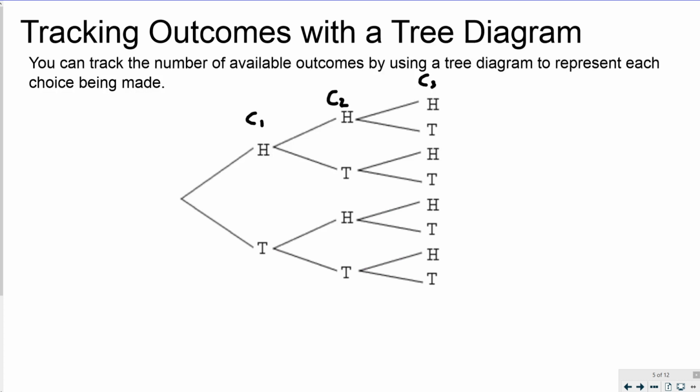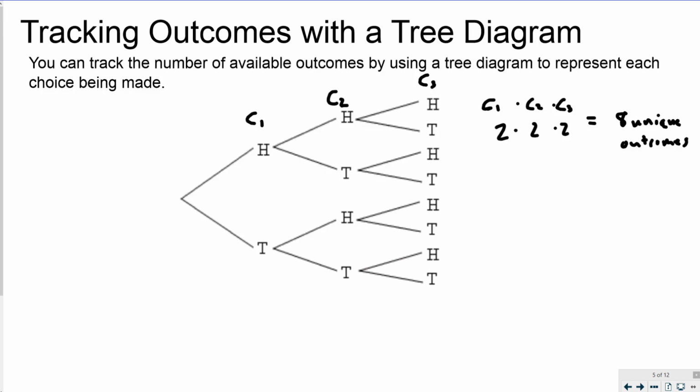There are 2 ways for coin flip 1 to occur, times 2 ways for coin flip 2 to occur, times 2 ways for coin flip 3 to occur, which means that there are 8 unique outcomes. So there are 8 different outcomes here.